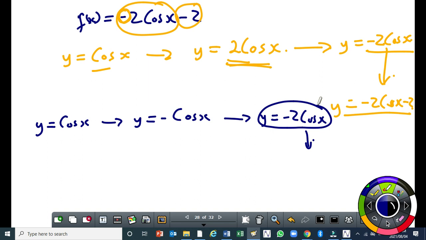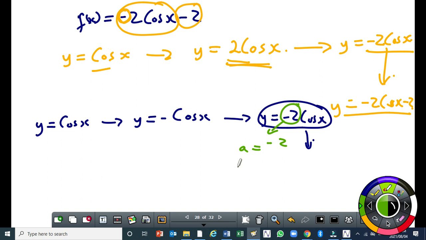Oh, yes, sir. Okay. Remember, your amplitude is related to this value. Amplitude is the positive value of A. So here, our value of A is equal to negative 2.